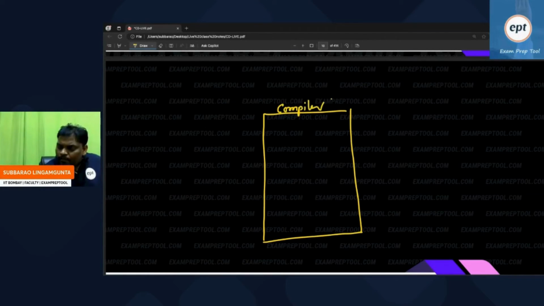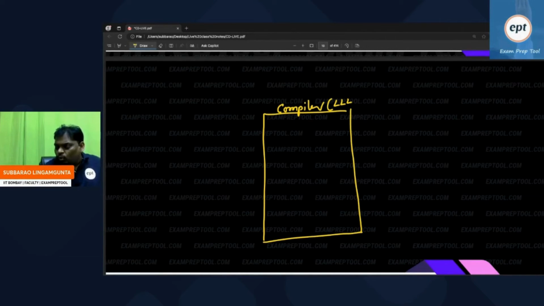That is the reason I don't want to discuss linker, loader, or assembler, how they are working. That is not our goal. Our goal is only the compiler.